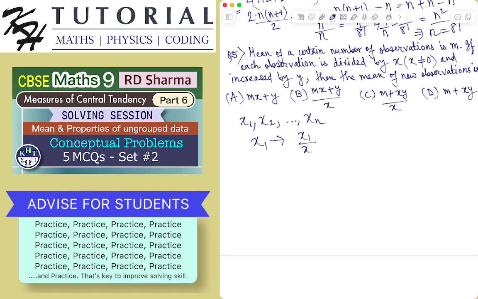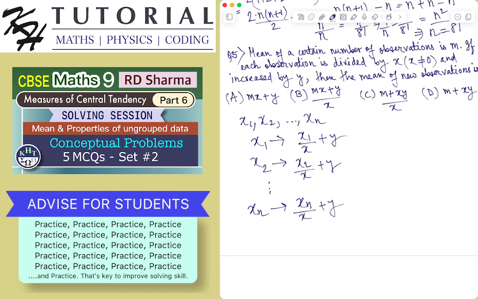So x1 by x plus y. The original observation x2 is being changed as x2 divided by x plus y. This way the last observation xn is being changed to xn divided by x plus y.